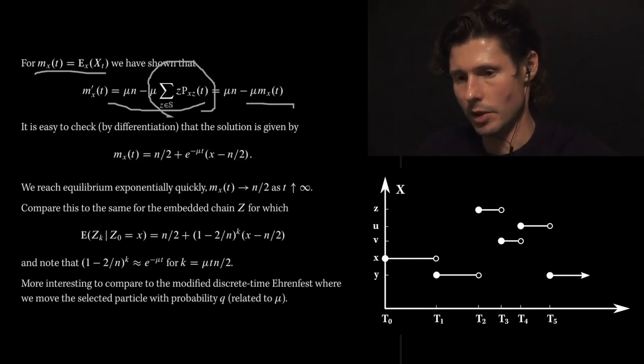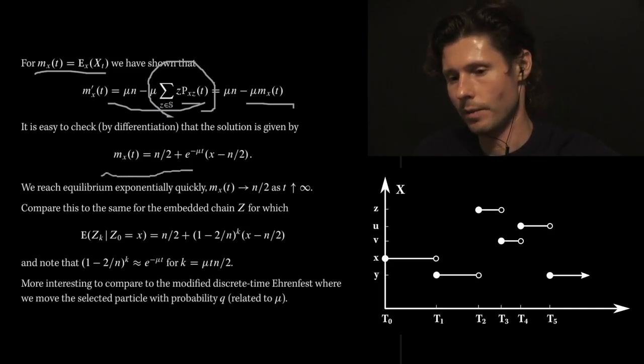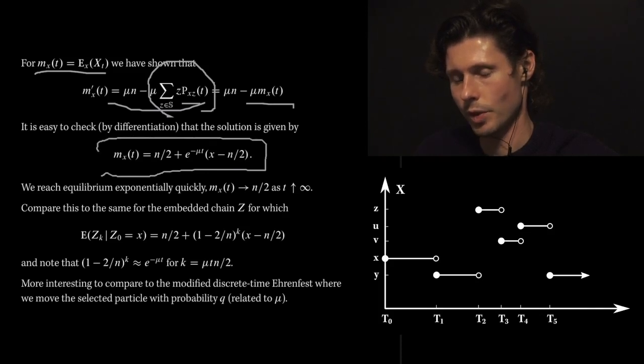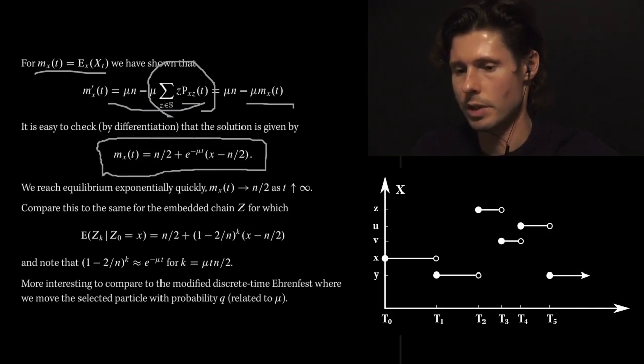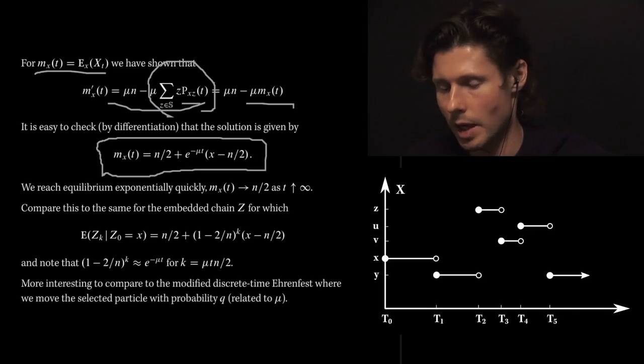It's the sum against the probabilities times the possible locations of the particle. Before it used to be labeled y, now it's labeled z, but it's the same formula. And you can check by differentiation that this happens to be the solution, which should remind you of something very similar that happened in discrete time.